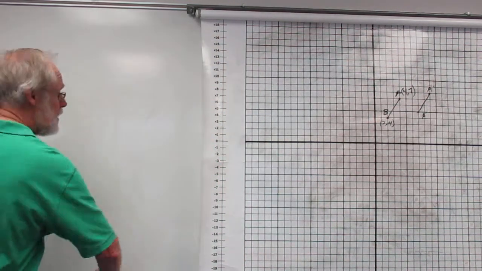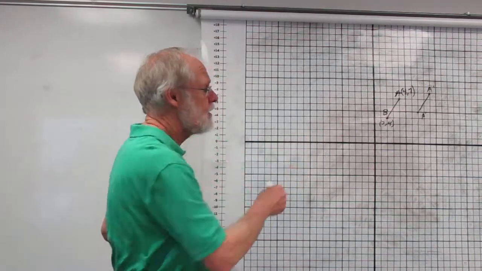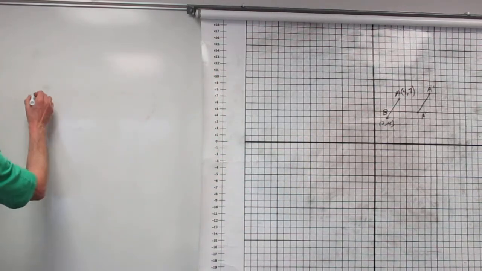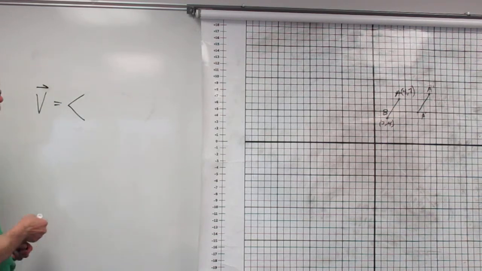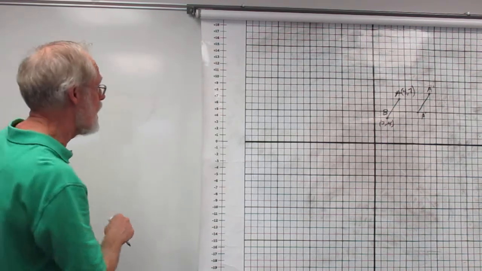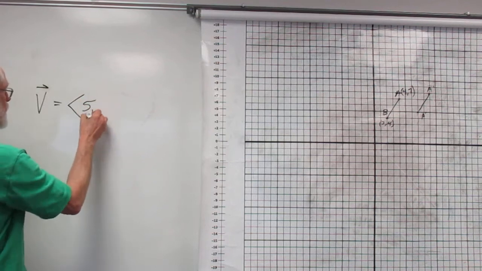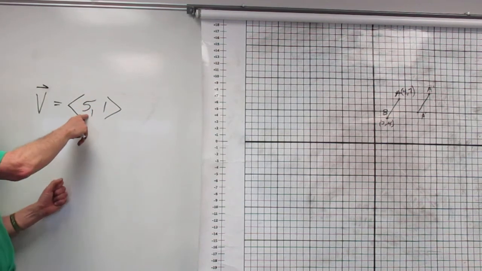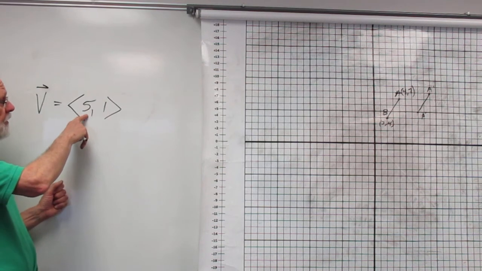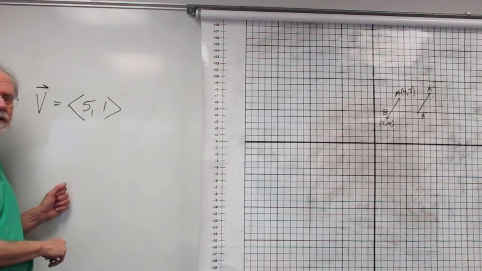So if I said I want to move line segment AB according to vector v, which is, and I write it this way with these squared off looking brackets, ⟨5, 1⟩, that would tell me to move my x values over 5 and my y values up 1. In other words, I move every point over 5 and up 1.